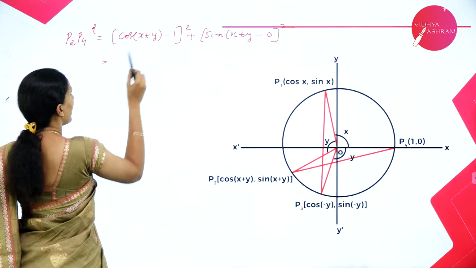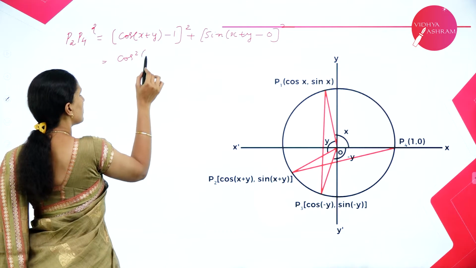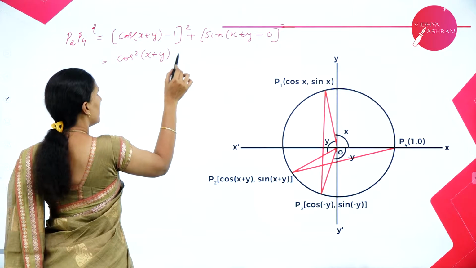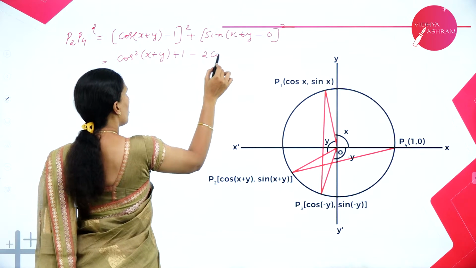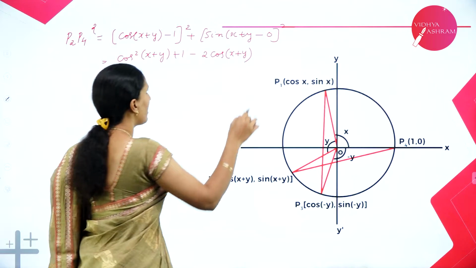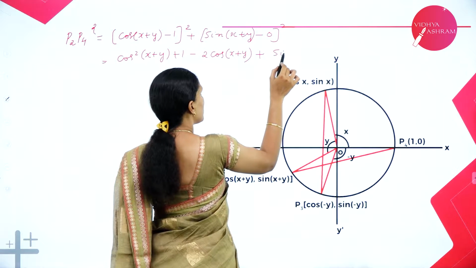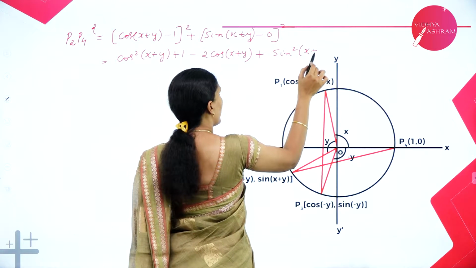And this can be expanded using the (a minus b) whole square formula. So it is cos square (x plus y) plus 1 minus 2 cos(x plus y). And sin(x plus y) minus 0 becomes sin(x plus y), so whole square gives you sin square (x plus y).